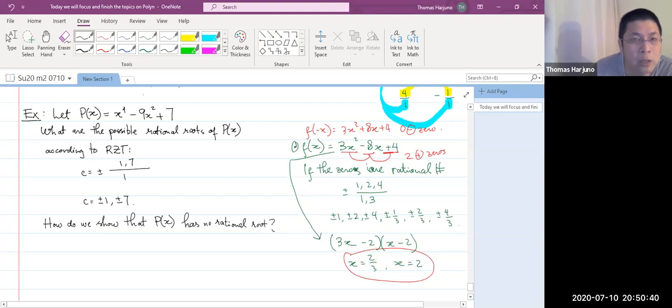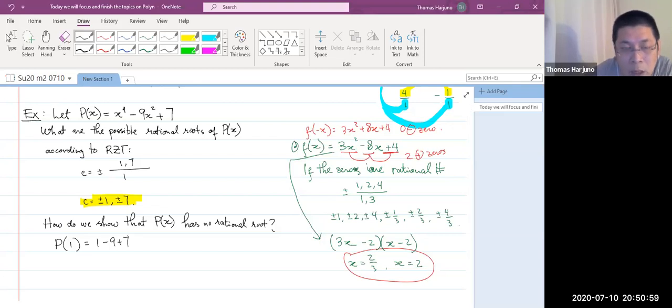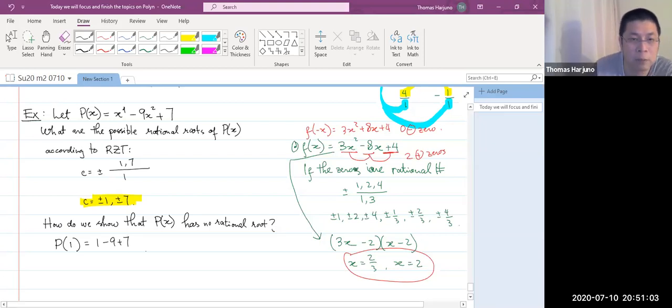Well, the way is you get all the possible candidates first, and then you check one by one. So basically, P(1) is 1 minus 9 plus 7. P(1) is basically replacing x by 1, and you end up just adding and subtracting the coefficients. Now, P(1) is -1. So 1 is not a zero.